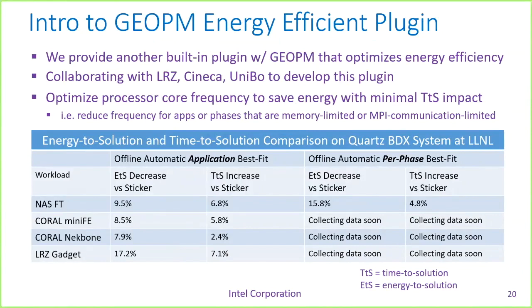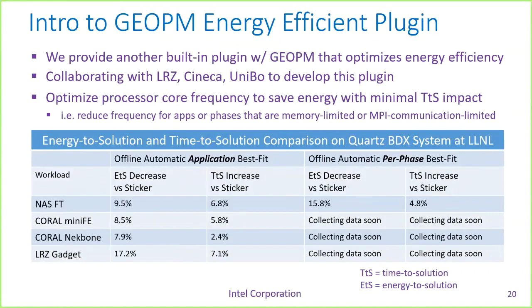What the plugin does is try to detect different computational phases inside of each node, in particular looking for phases that are memory limited or MPI communication limited, and then reduce the frequency that processor cores are running at during those phases, because you're able to do that without impacting the runtime of these phases very much.